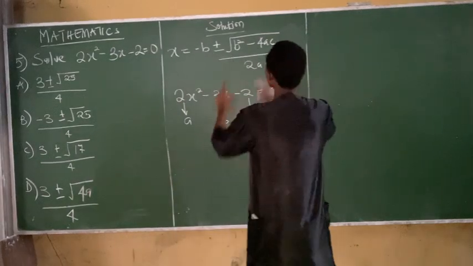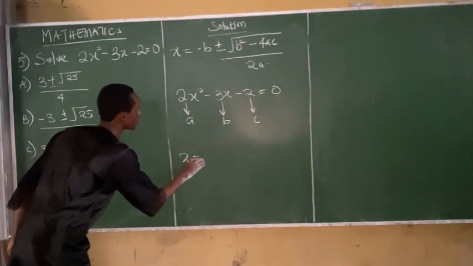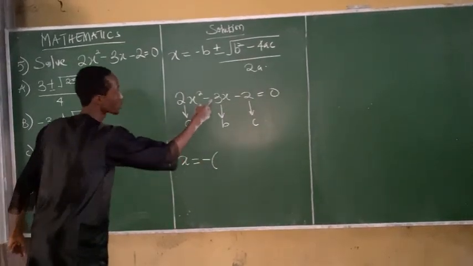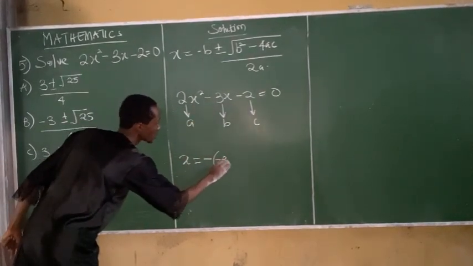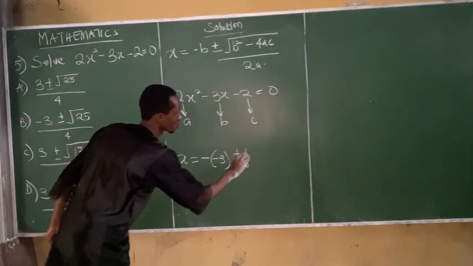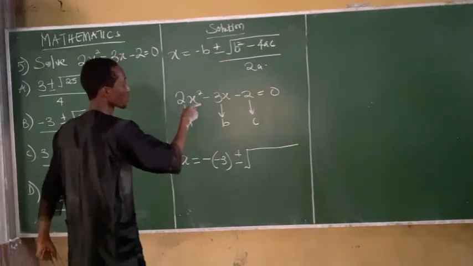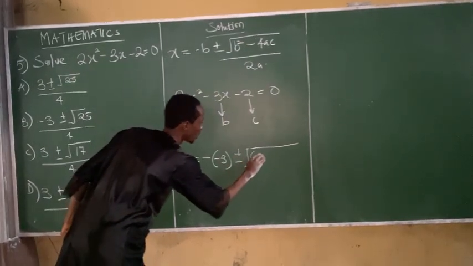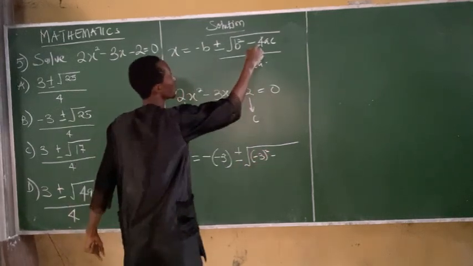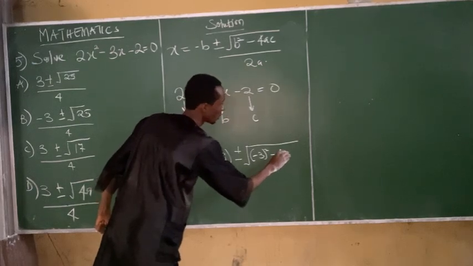If we substitute this into the formula, we have x is equal to minus b. B is minus 3, so we have minus minus 3, plus or minus the square root of b squared. Our b here is minus 3, so we have minus 3 all squared, minus 4 times a c.